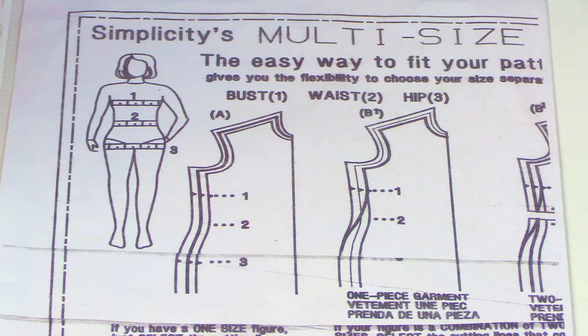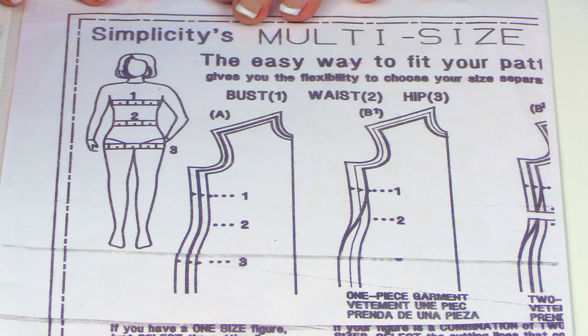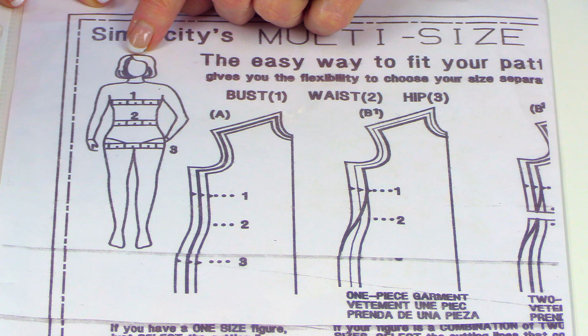When you purchase a pattern, sometimes on the inside of the pattern envelope, there will be a sheet that might look something like this. Now, they used to put it in all patterns, but they don't do it as often anymore. So I managed to save one. So I'm going to show you.